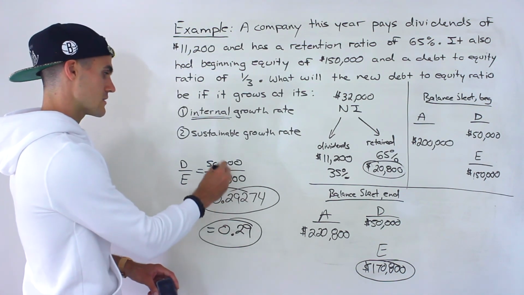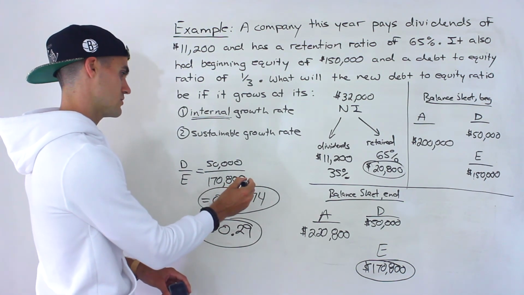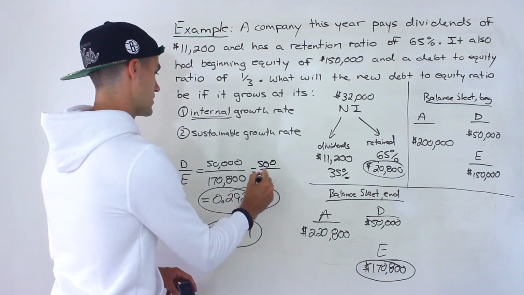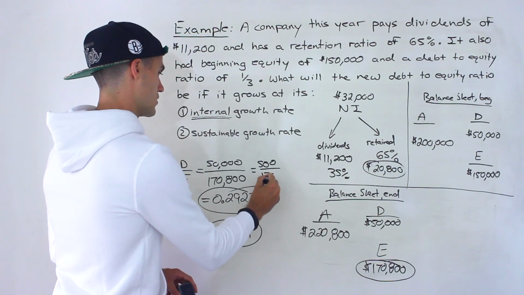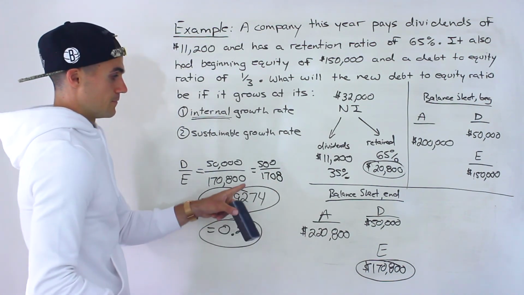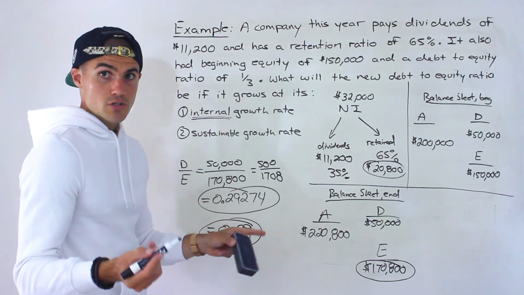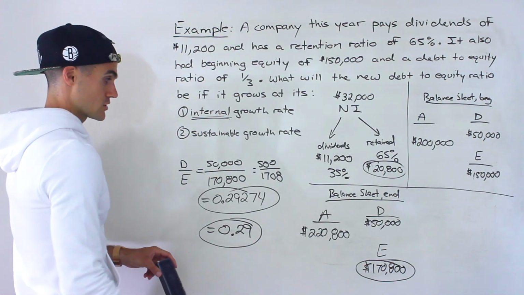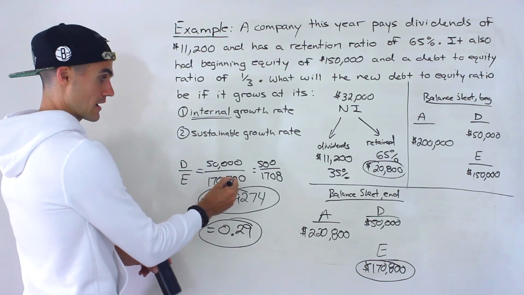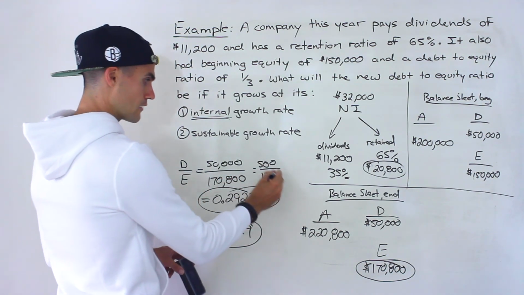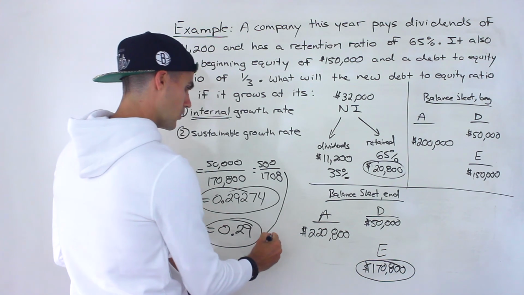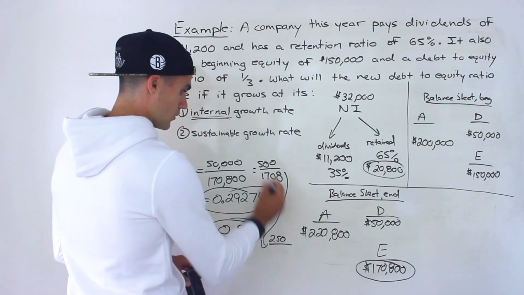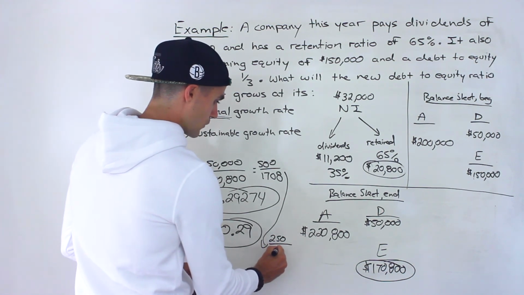You could also maybe take this and try to simplify it as a fraction. And I actually recommend that you get comfortable doing that because you never know. This could be a multiple choice question, and then the debt to equity ratio can be given as a fraction. So notice we could divide both this and this by 100. And then from here, we can divide both by 2. So we'd have 250 over 854.